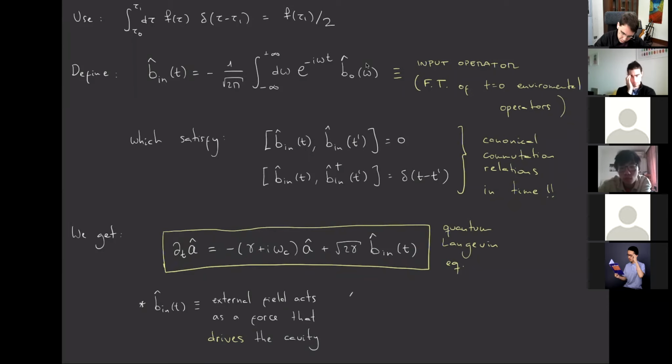It's very, very important that you understand that this thing, even though it depends on time, so it depends on at which time you are considering the equation, it is not a dynamical variable. This is not a variable that has its evolution equation and so on. So this is not a dynamical variable.